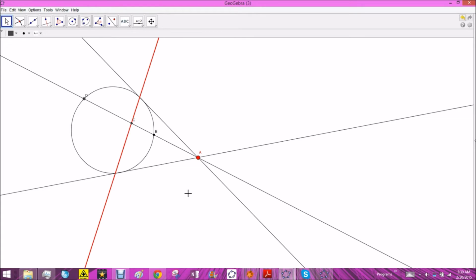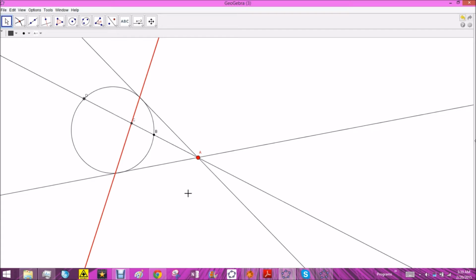You're making the smallest V shape possible, which holds that circle inside it. And then those lines are going to touch the circle in 2 points. Link those 2 points with a red line, and that red line is then the dual of the point.